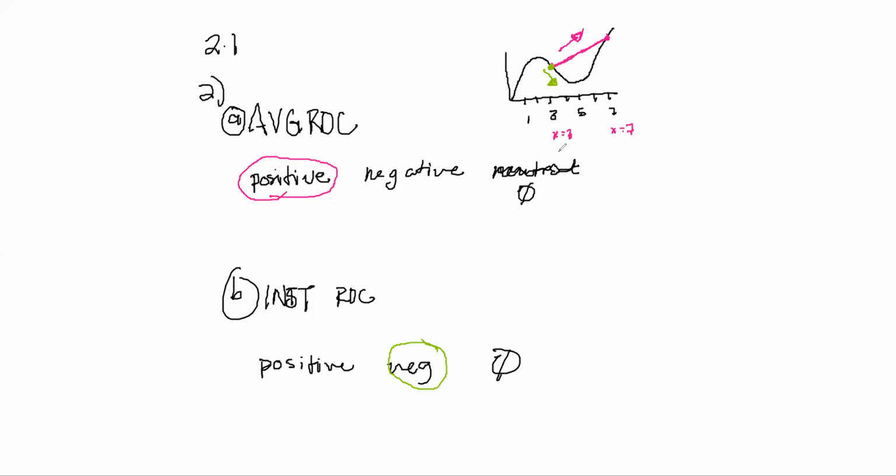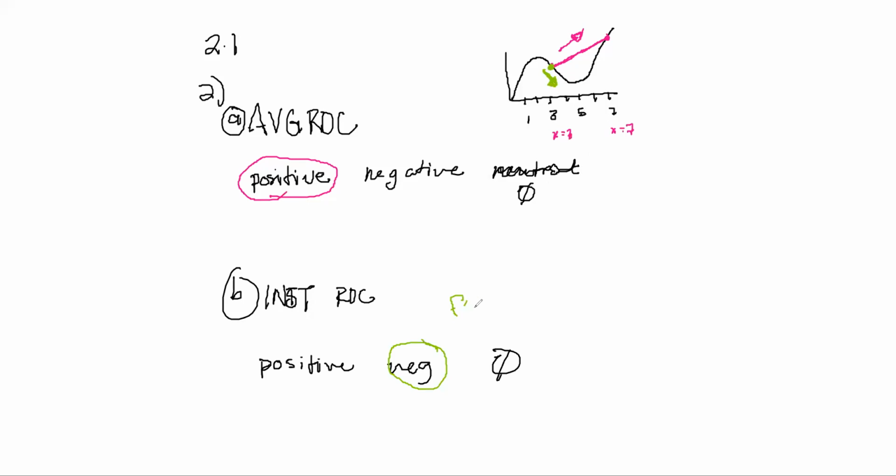Do you guys understand this concept, as far as telling the difference between average and instantaneous? Instantaneous is the change at that specific moment, whereas average is the change between two intervals. And B would be f prime, right?